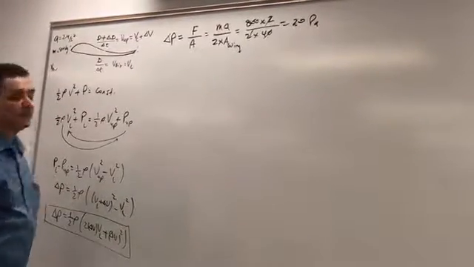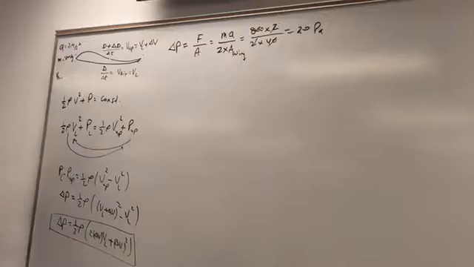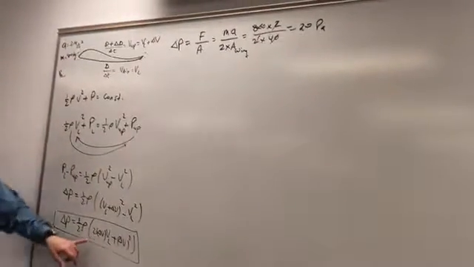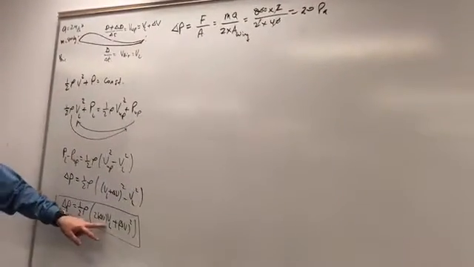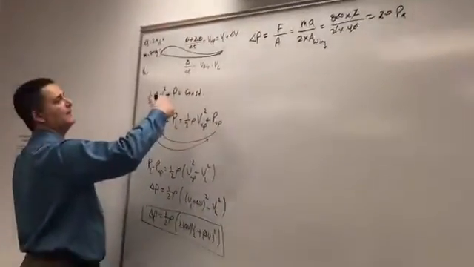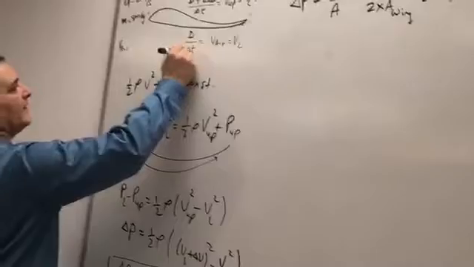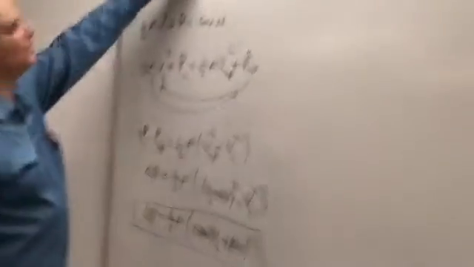So the faster you go, the more lift you have? Absolutely. That's what this says. If you go faster, this delta V gets bigger, right? So let's say you're going twice as fast.